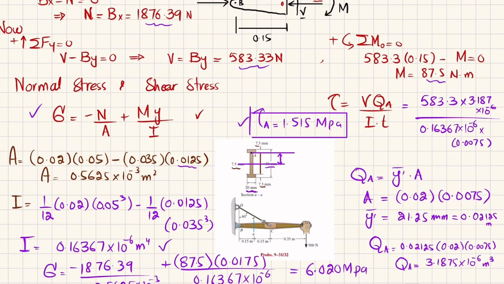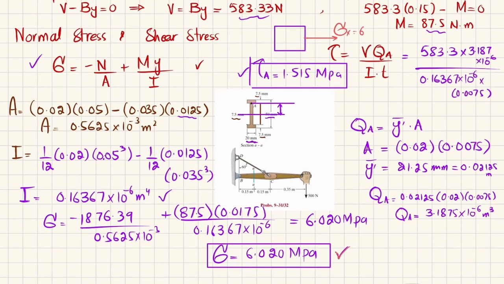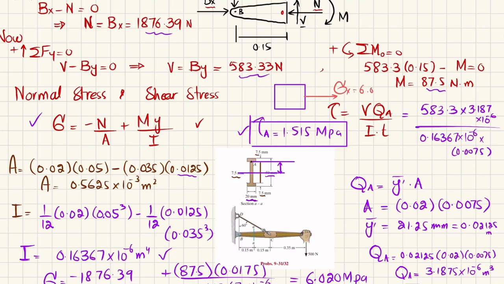So if you want to represent it on an element, let this be the element. Clear? So in x direction, this will be sigma x, which is equal to 6.02 megapascal.